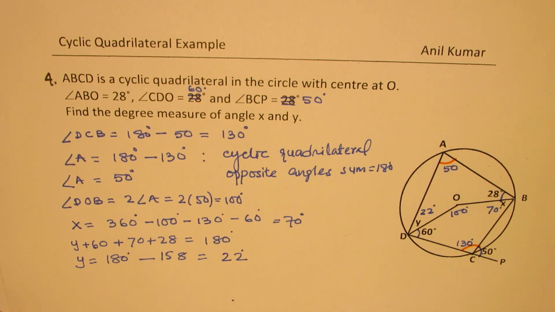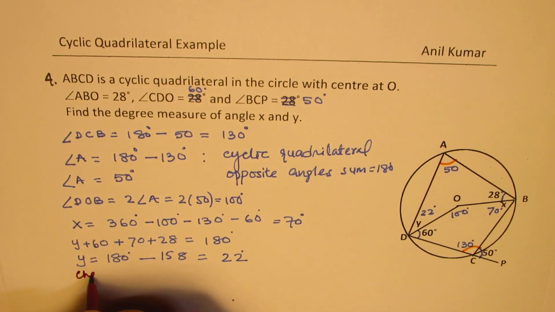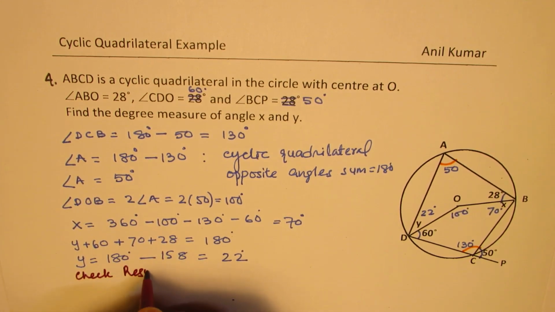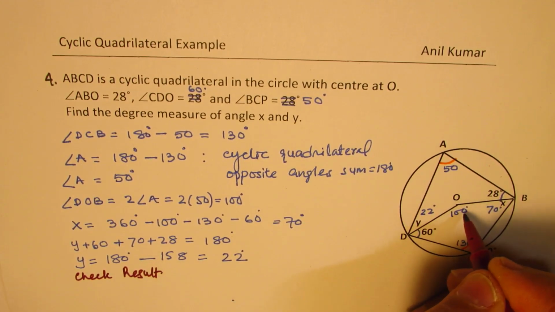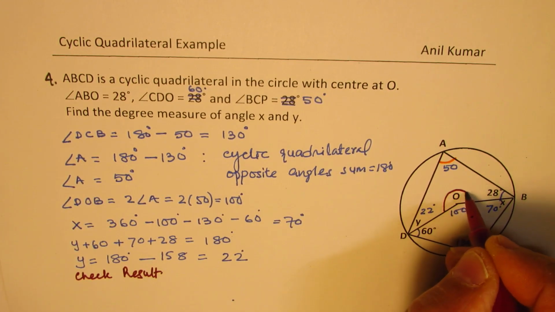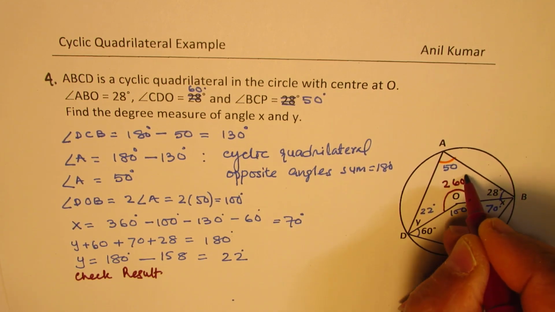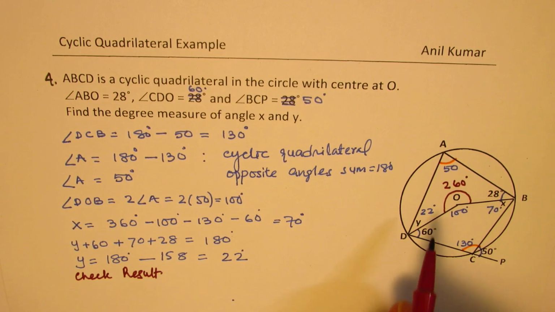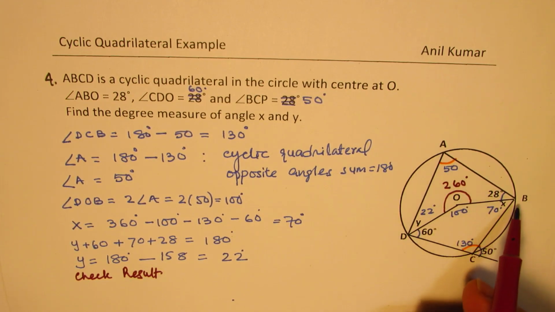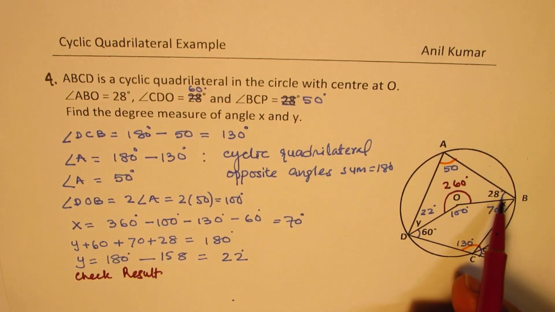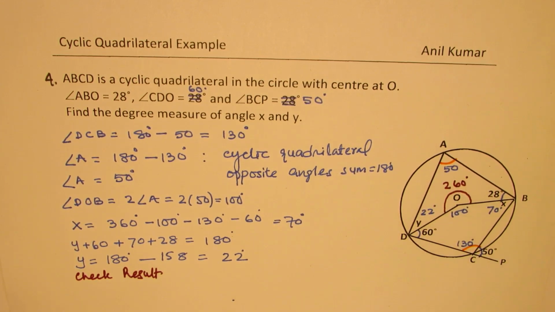Now we can actually check our result, right? How can we check our result? Well, here's the check. We know this as 100, so that should be how much? Well, total is 360, so that has to be 260, right? So in this particular quadrilateral, which is definitely not a cyclic quadrilateral, the sum should be 360, right? So here, let's add all the angles.